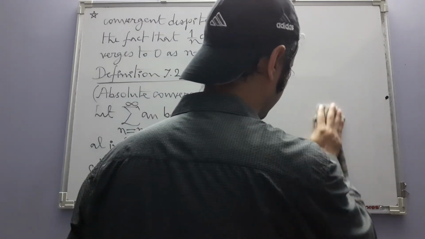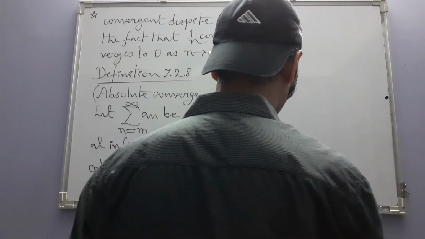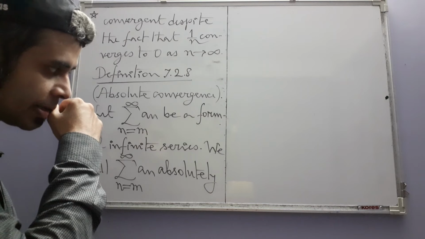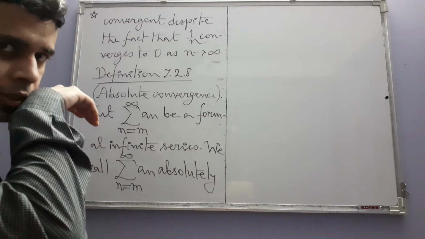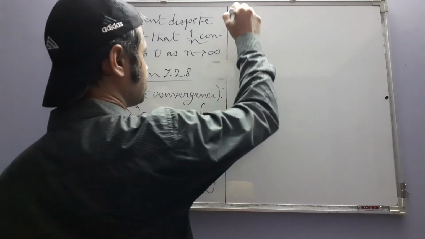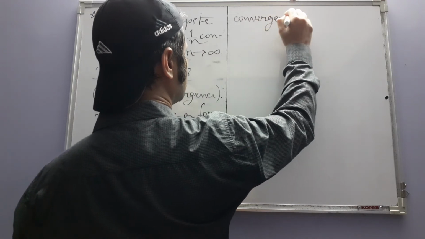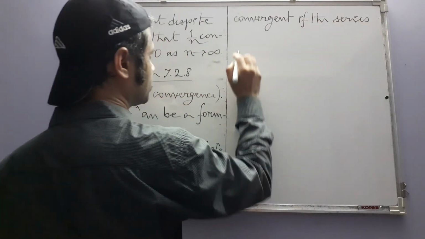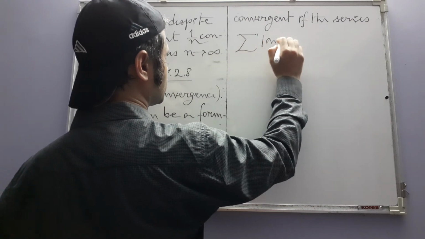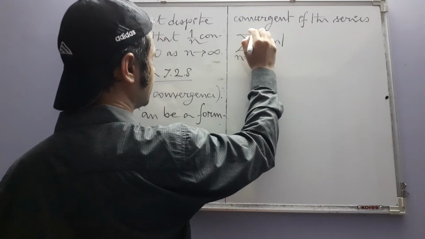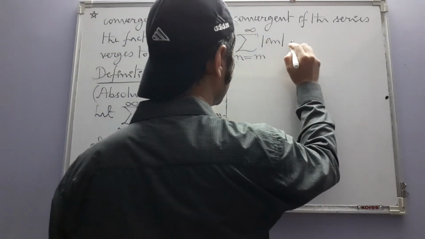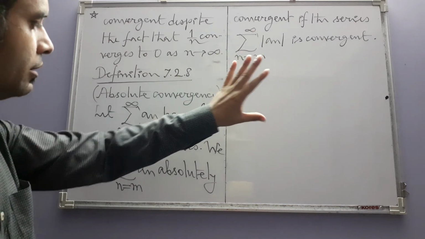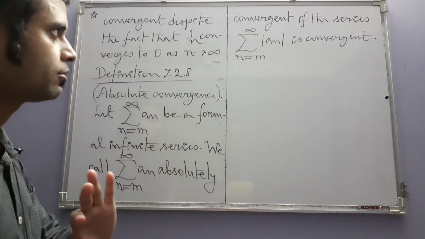It's a very peculiar fact that this definition of absolute convergence, or in fact the notion of absolute convergence, is very intimately linked to interchangeability of the terms of a series without affecting its behavior. Absolutely convergent if the series, where we are using the absolute values of the terms, hence the name absolute convergence, is convergent. So that means if this series is convergent, then we call this series absolutely convergent.